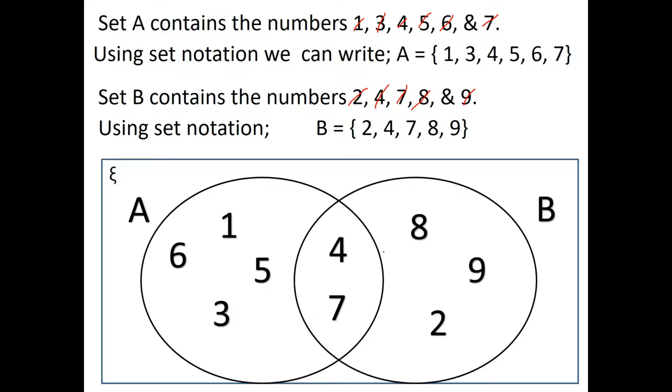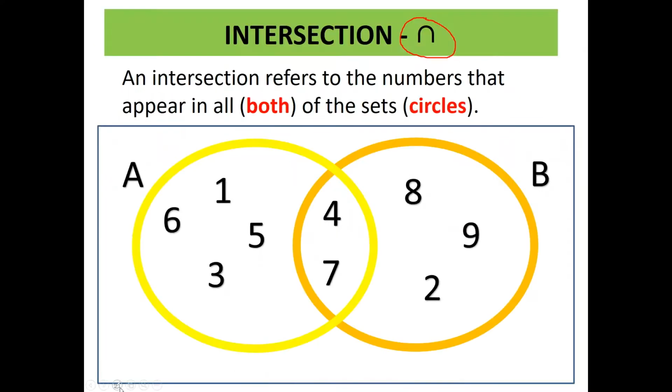Now the intersection, this is another very important bit of notation. Intersection means that something is in both sets. So an intersection refers to numbers that are in both of the sets, both of the circles. So for example, in this case 4 and 7 are my intersection.